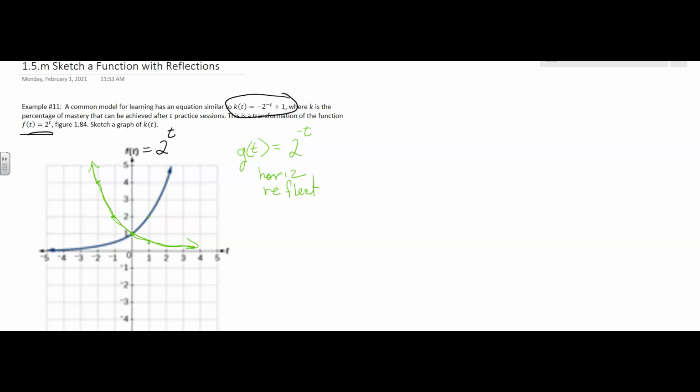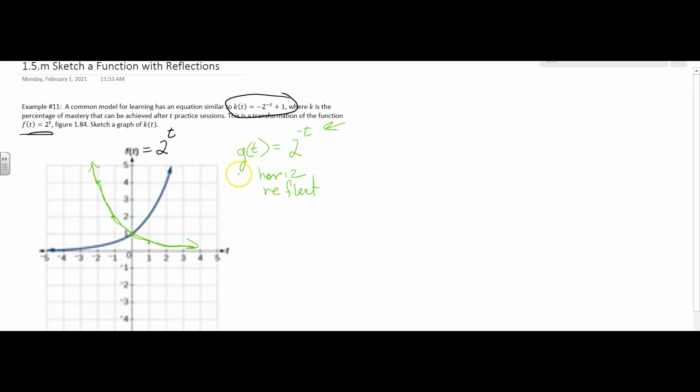If you put in negative 1, we'll just do 1 here, then you'd have 2 to the opposite of negative 1, which is 2 to the first, which is 2. You could write that all out if you want to. So that is the negative sign in the exponent. Now you might say, well, why didn't you do the reflection about the x-axis first? I could have. You know, I had to pick.